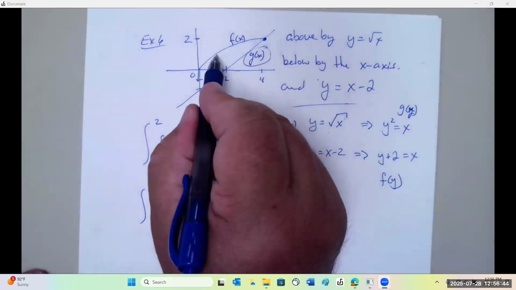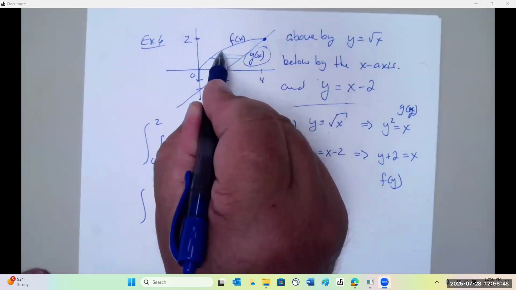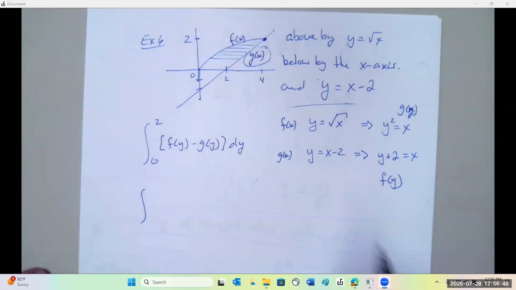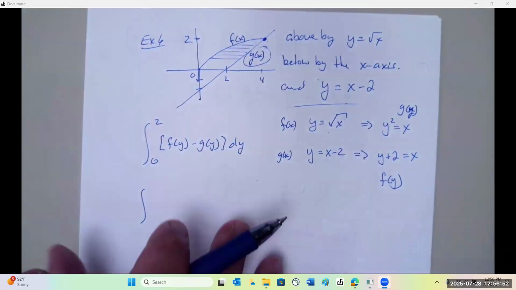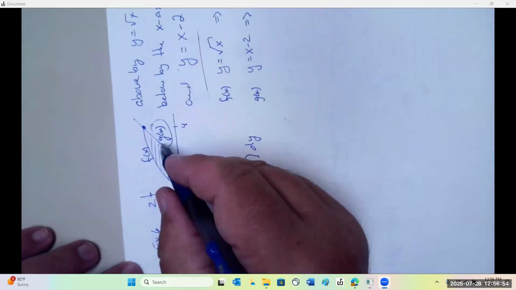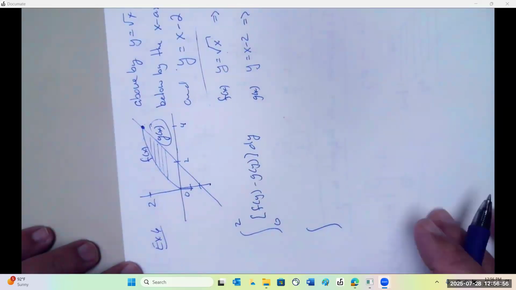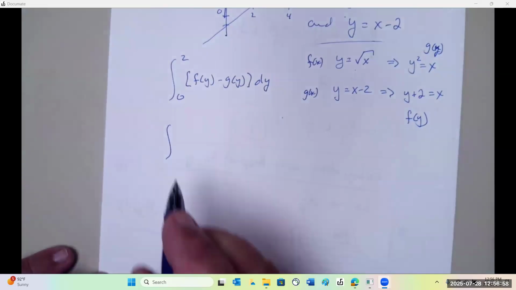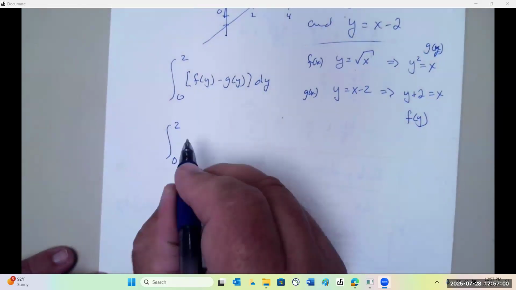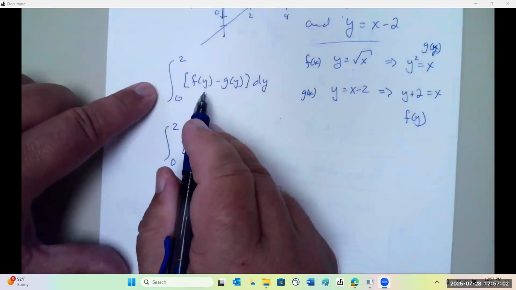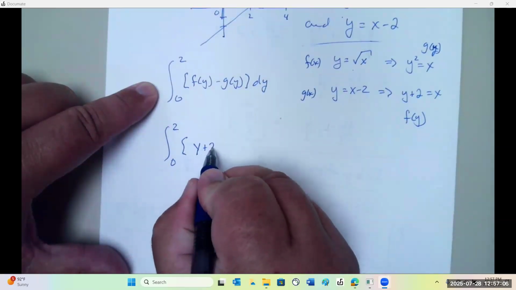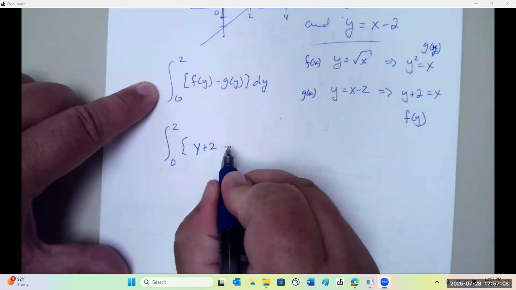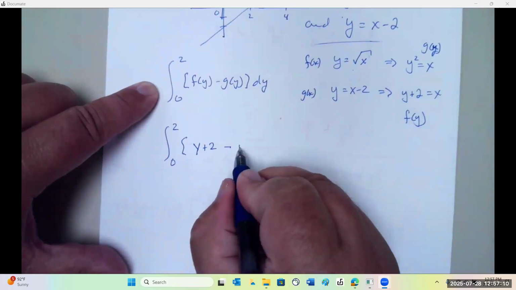Because you have to look at where we're going to take these rectangles: the outer one minus the inner one. Let's look at it this way. So our f of y is y plus 2 minus y squared.